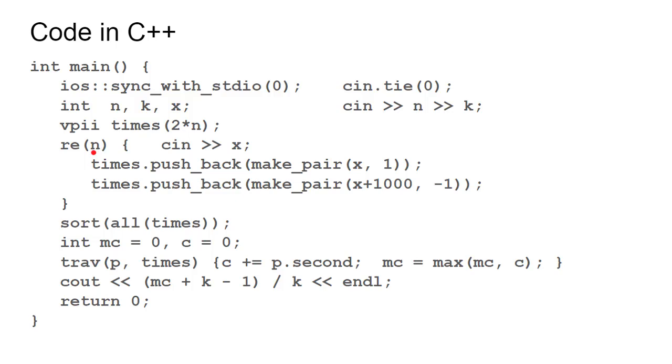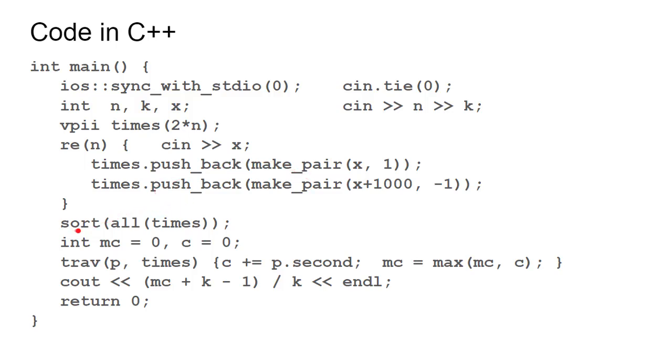I don't need a loop variable i. We read in data into x, and then add the two events, two pairs. The first one is x1, the second one is x plus 1000 - 1. So add this to the vector.